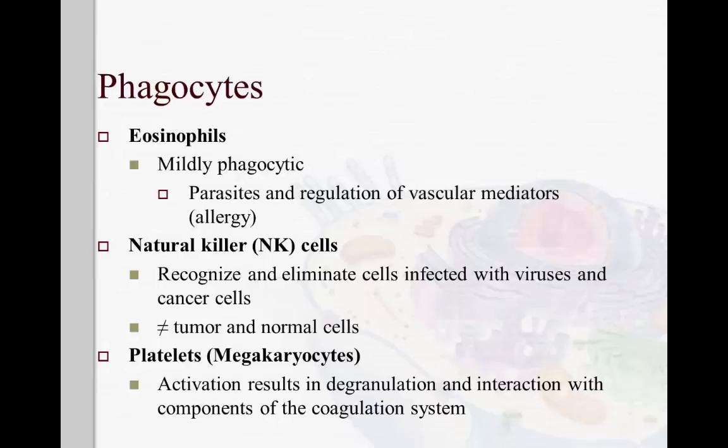We have, in addition, natural killer cells that recognize and eliminate infective viruses, but this is in conjunction with interferon. They also differentiate infected or tumor cells from normal cells. Platelets, remember, are one of the cells that, in conjunction with the coagulation cascade, migrate to the area of injury to produce the clot.